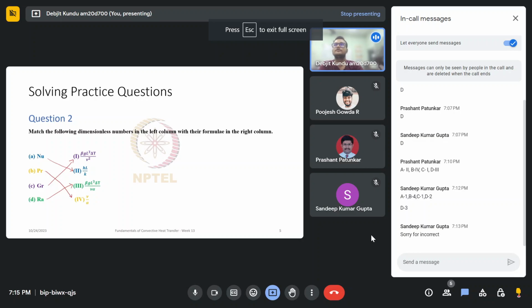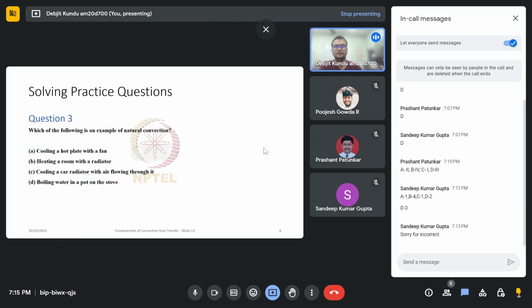Okay. So if there are no questions, we will keep moving. We'll move on to question number 3 after the session now, which is asking us which of the following is an example of natural convection. So this is an application based question. There are 4 different situations given here. You have to find out where natural convection is the dominant mode of heat transfer.